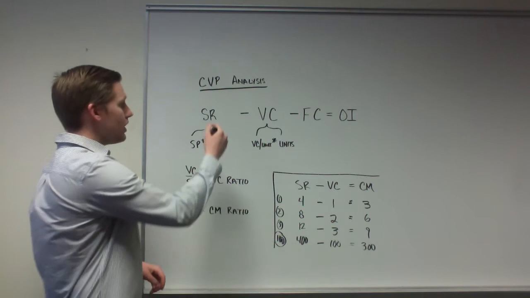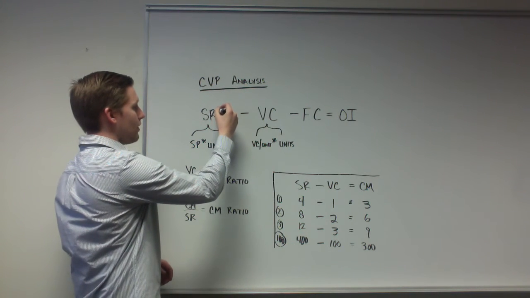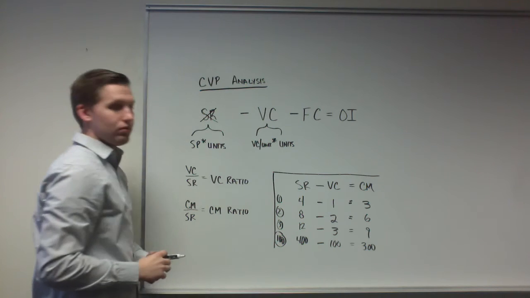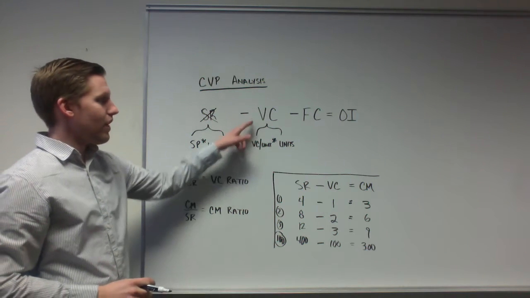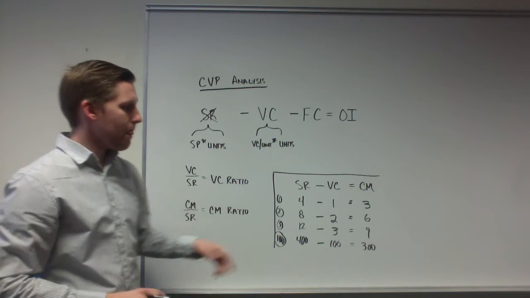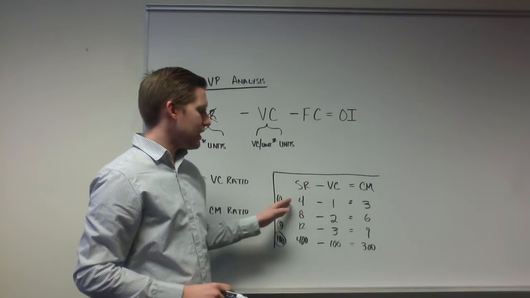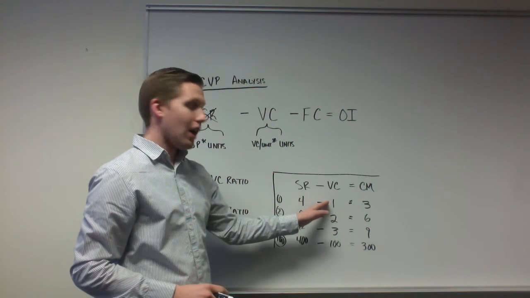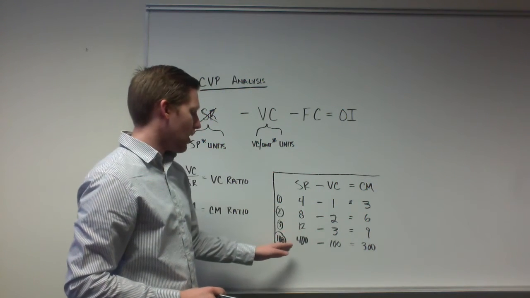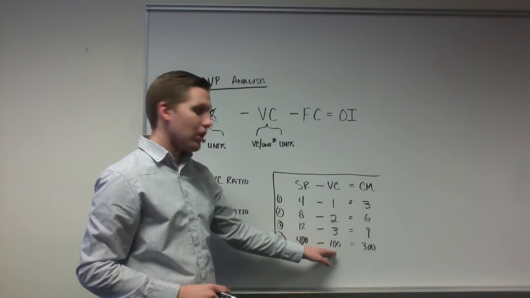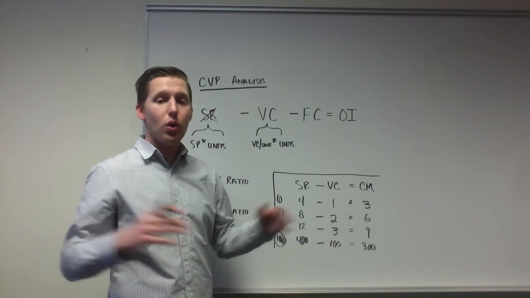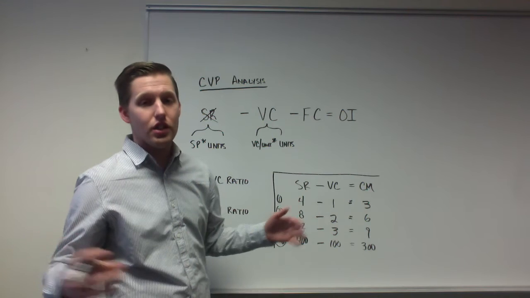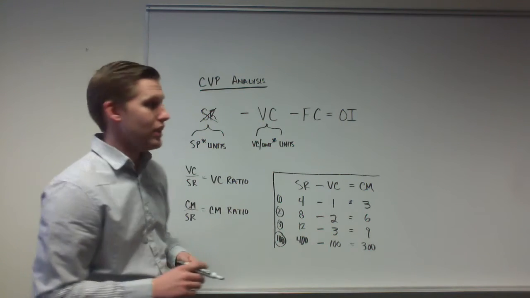So I'm not really trying to figure out sales revenue. Okay? Same thing with variable cost. If I sell 1 unit, my variable cost is $1. If I sell 100 units, my variable cost is $100. Total variable cost is going to change depending on how many units I sell.